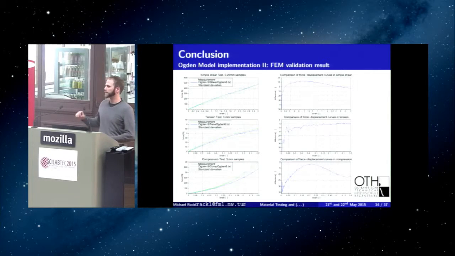So you're not looking at stretch and stress curves, you're looking at force displacement curves. So this is really what our testing personnel measured on the physical material specimen. And using the Ogden model I just showed you, not the one with the 2 parameters, but the one with the 8 parameters from the first validation slide, it gets close.